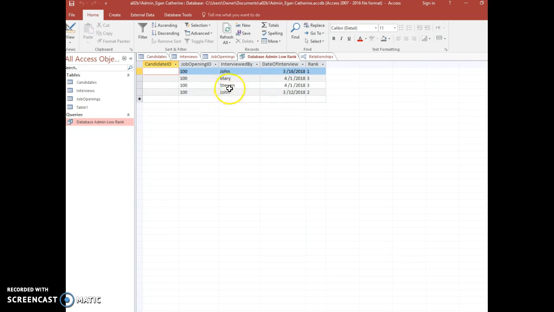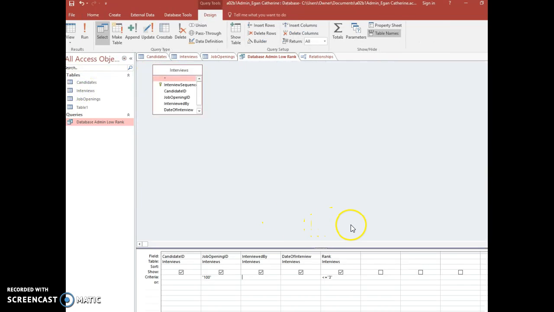So I did the job opening ID for database administrator, which I had named as an ID number of 100, and who interviewed for that, who the person was that interviewed that person, the date of the interview, and then I also was able to write criteria for the query with the less than or equal sign of 3.